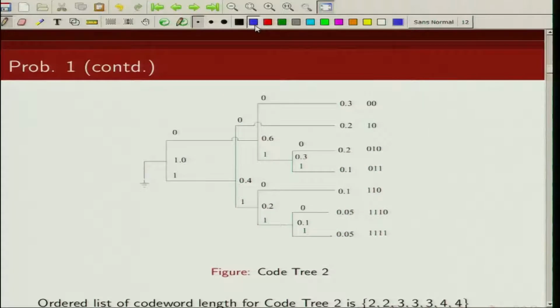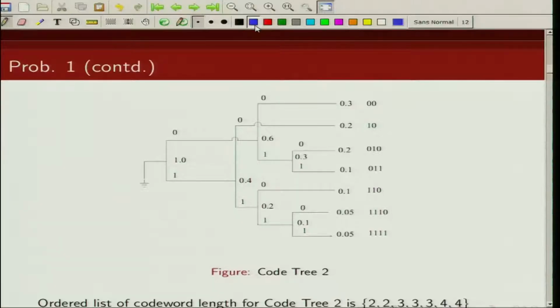Now let us look at another way in which we can construct this optimal binary prefix-free code. Same example. So the 2 smallest probabilities are 0.05 and 0.05. We can combine these 2 and create a new node which has probability 0.05 plus 0.05, that's 0.1.